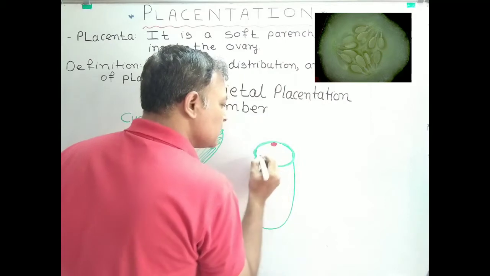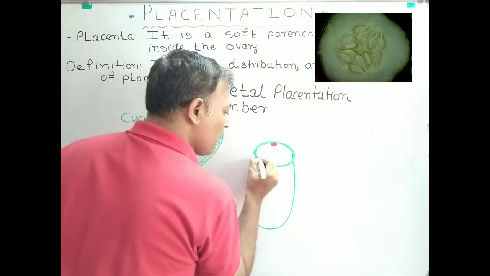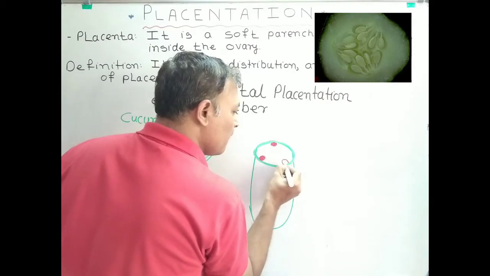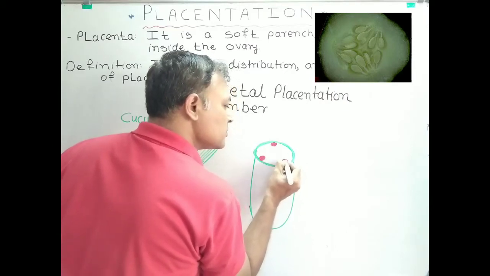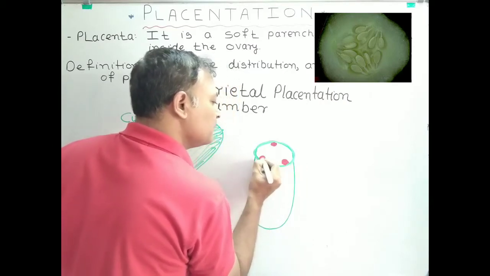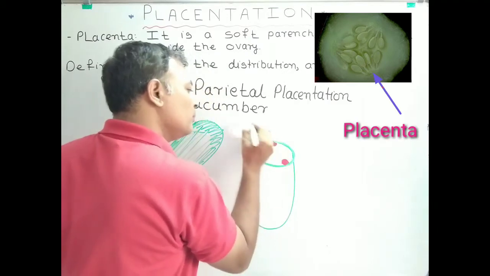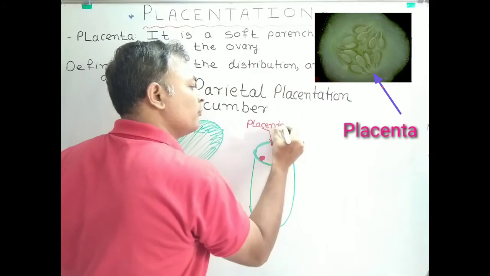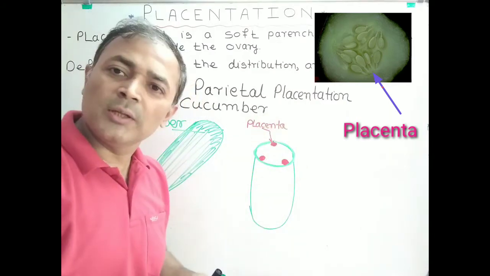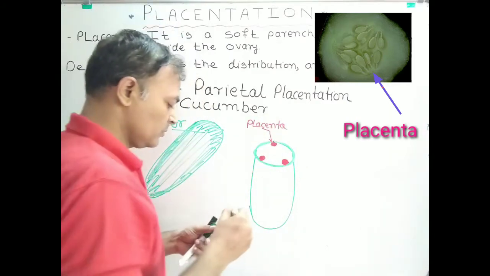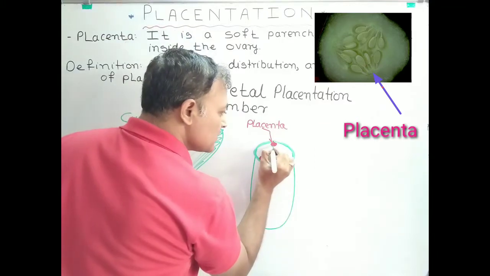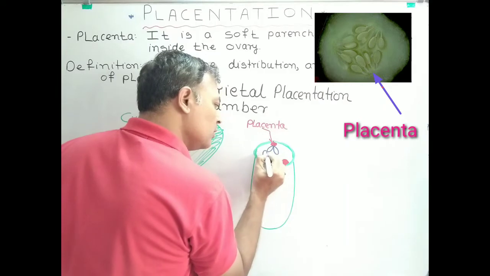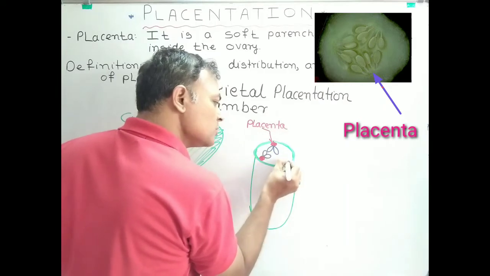So this is the placenta. This is the placenta. This is also a placenta. Right? And attached to the placenta, there are seeds. Or here you can say these are the ovules.